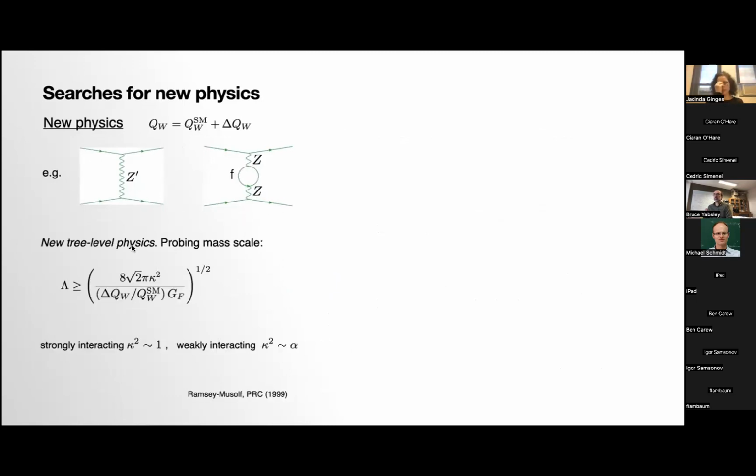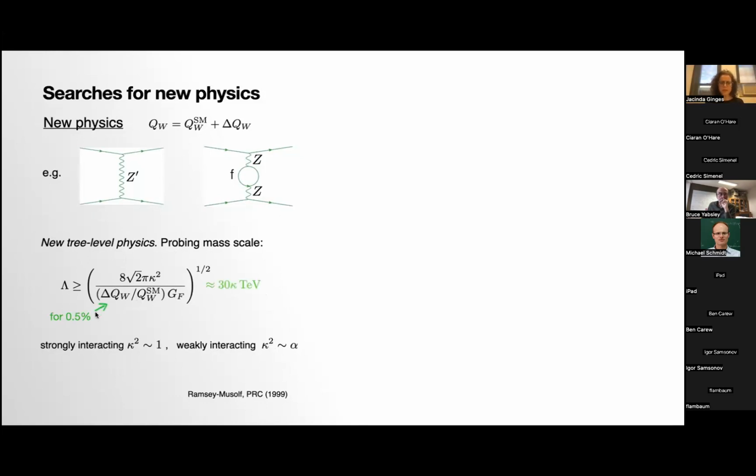But just to give you an idea of the sort of bounds that you can find from new tree level physics, you'd be probing a mass scale of lambda greater than this bunch of parameters, where kappa is the coupling constant, and then here we have the uncertainty or the deviation from the standard model value. For a strongly interacting theory, kappa squared is about 1, and for weakly interacting, kappa squared is about alpha.